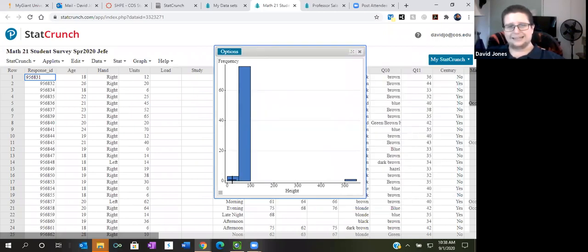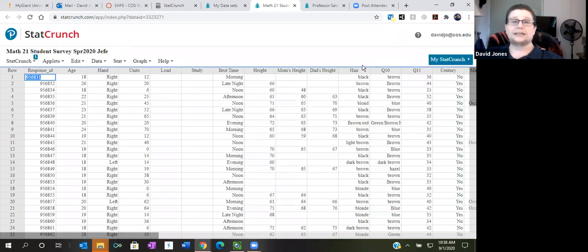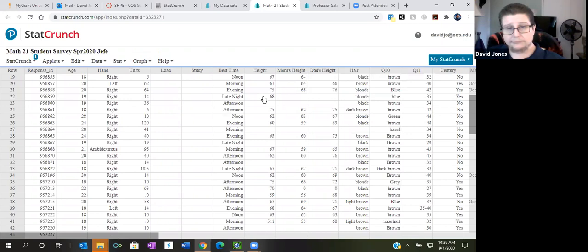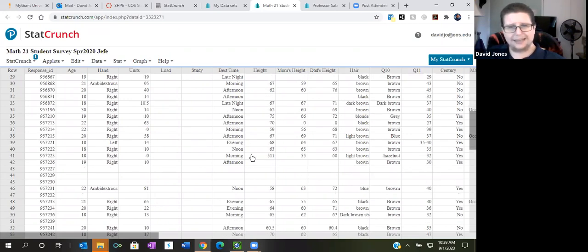Look at that. Height 0 up to 100. Wow, 100 is broken down in increments of 50. I got someone that says they were between 500 and 550 inches tall. Now, clearly that's wrong. I'm going to go down and find them. 5'11". I'm betting this student was 5 foot tall, 11 inches.